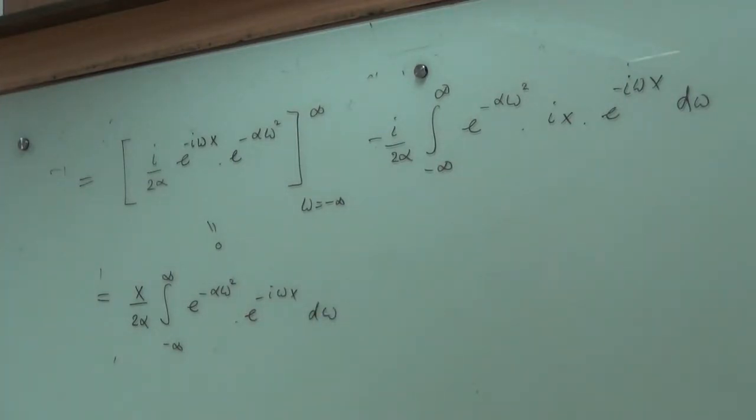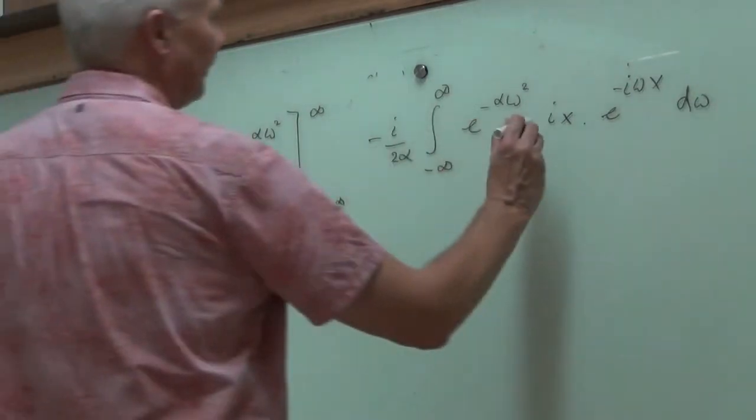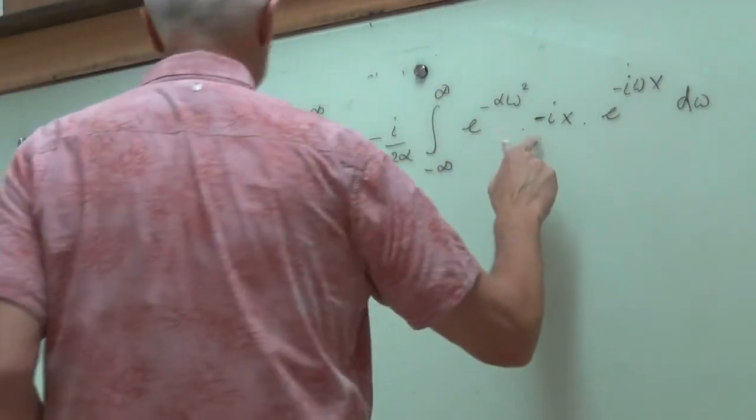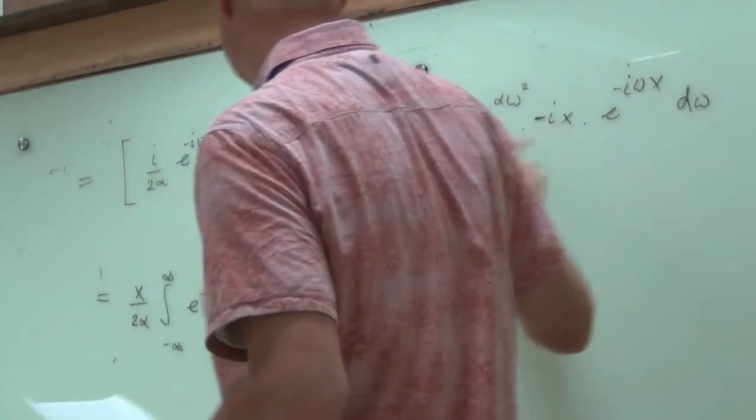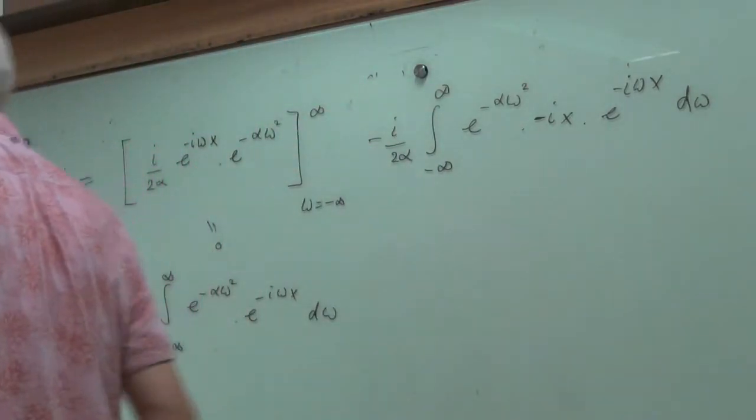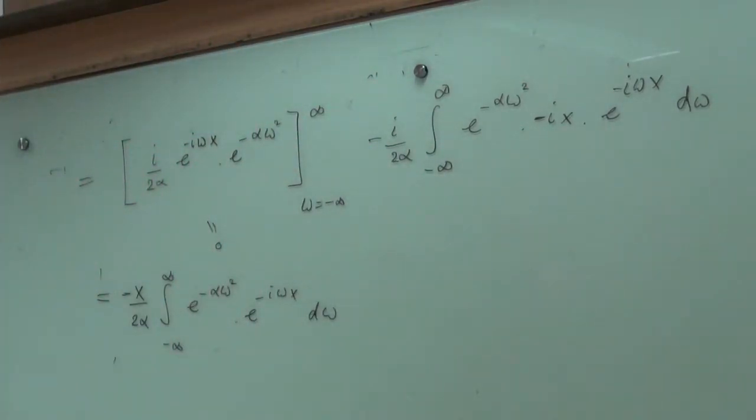I get this. Is that correct? No, I'm missing somewhere a minus sign. Yeah, you're right here. I should have a minus ix. So we get a minus over here. Yeah, thank you.